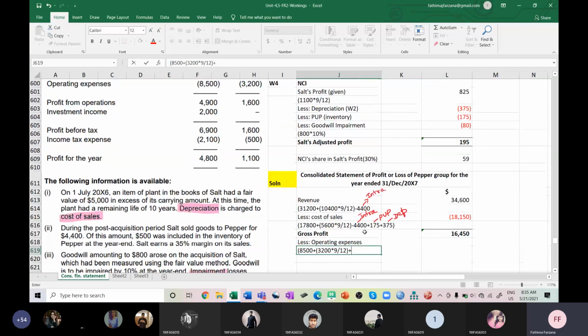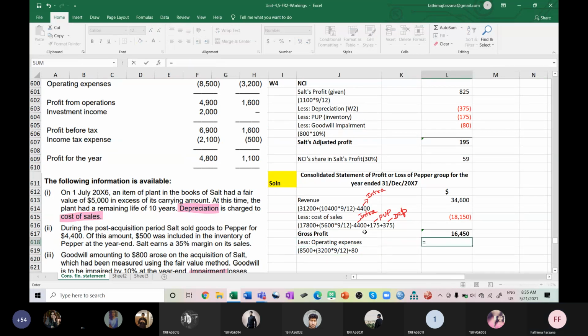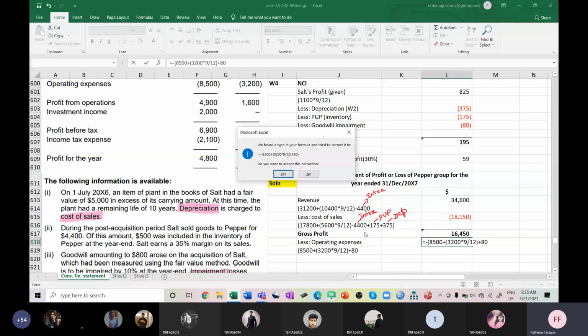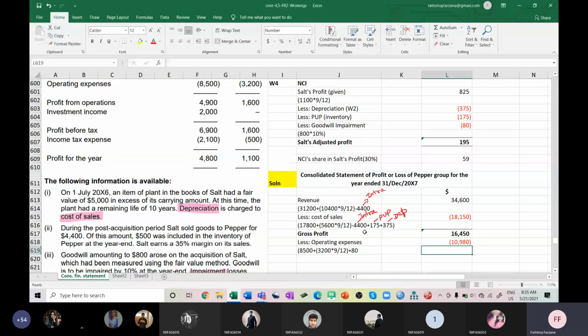You can see in NCI, the same 80 I'm taking here. Why am I not putting a minus symbol? Because operating expense itself is a minus item. It's equal to 10,980. This I'm subtracting, so I should get profit from operations. Okay.